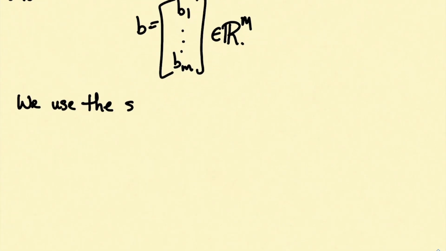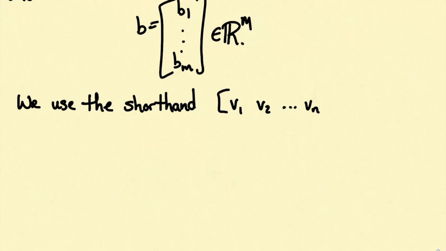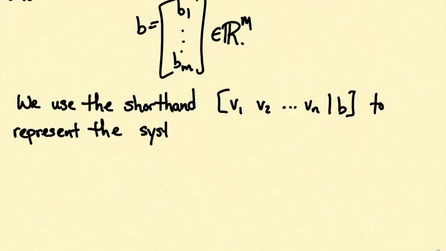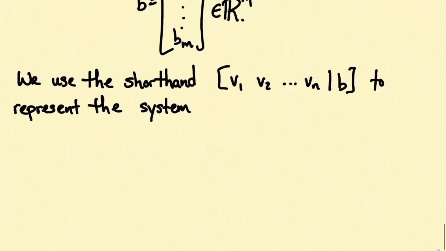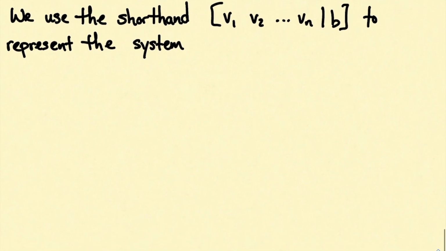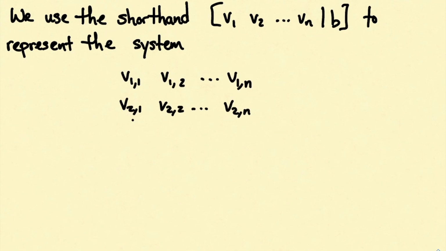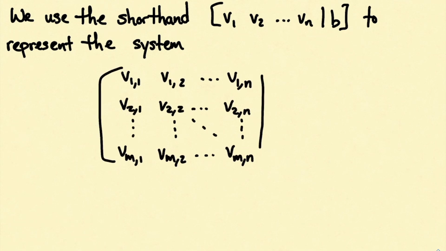We use the shorthand v1, v2, through vn with the augmentation b to represent the m by n linear system, which we have expressed as an augmented matrix whose columns are v1 through vn.